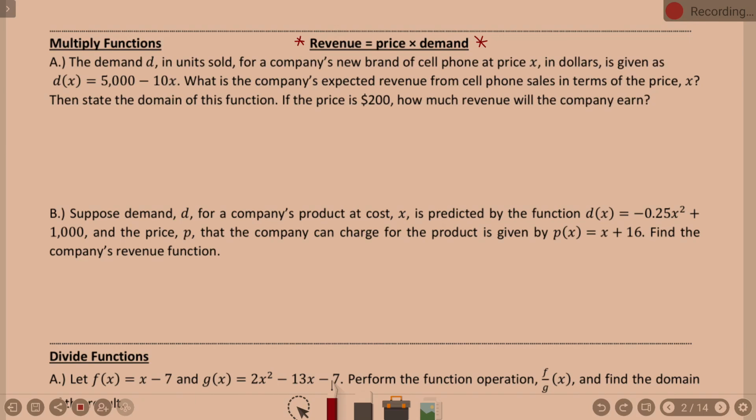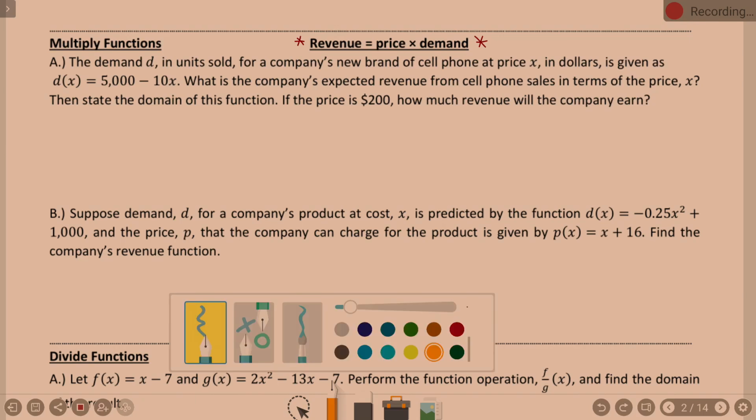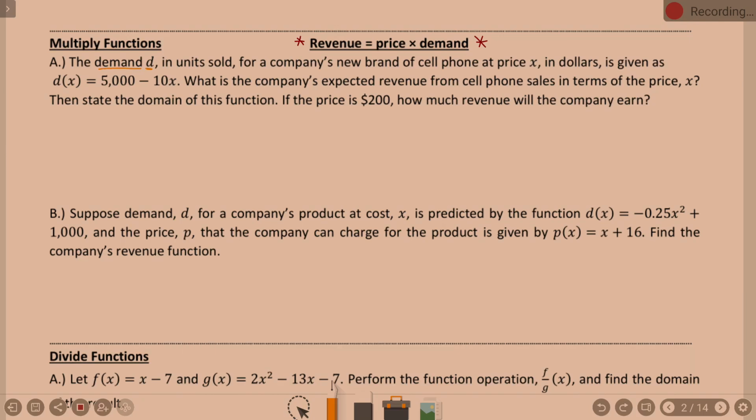Let's go back through and reread. Look for some information here. The demand D, so they're telling us that D is demand, in units sold for a company's brand new cell phone at price X. So a couple of key things: D stands for demand.